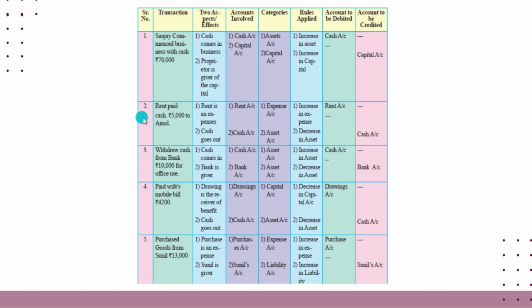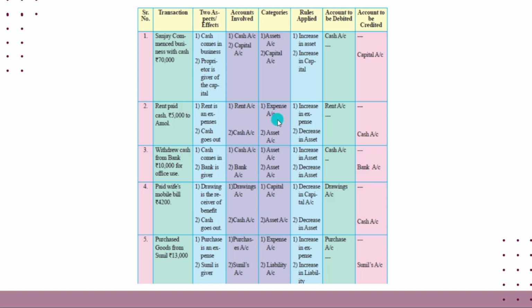Second is rent paid, cash 5,000 to Amol. Now here rent is an expense. Now you have paid the cash, so cash goes out. So the 2 accounts involved are rent account and cash account. Rent is a type of expense, so expense account. Cash is a type of asset, so asset account. Now what were the rules for expenses?